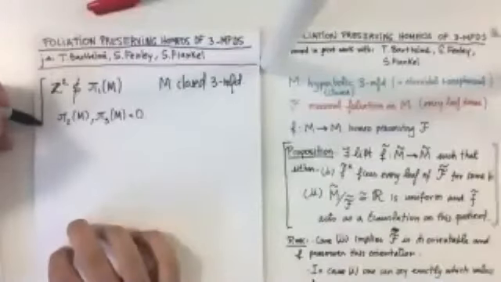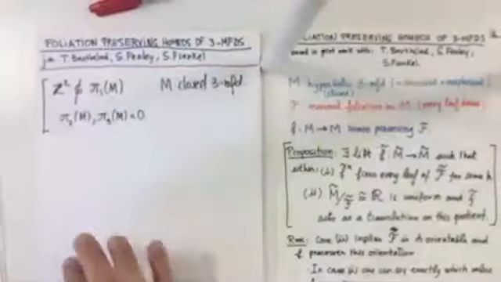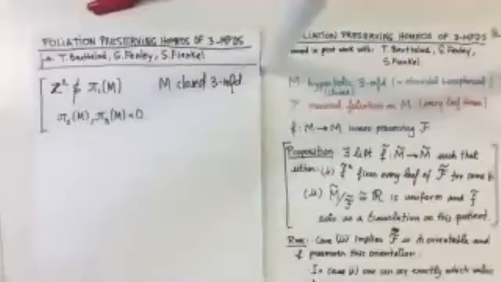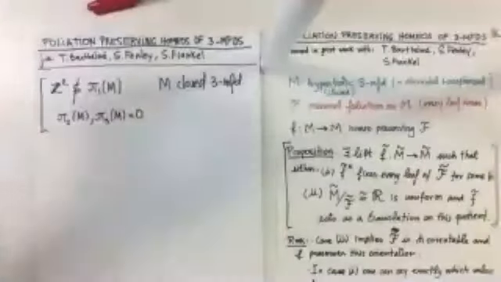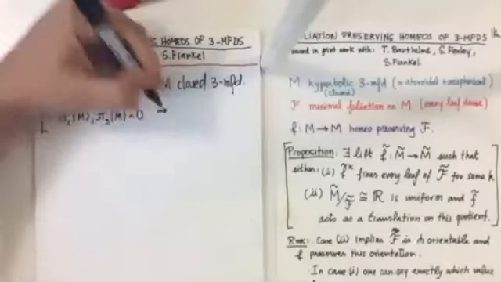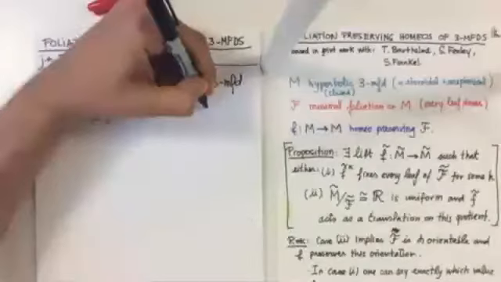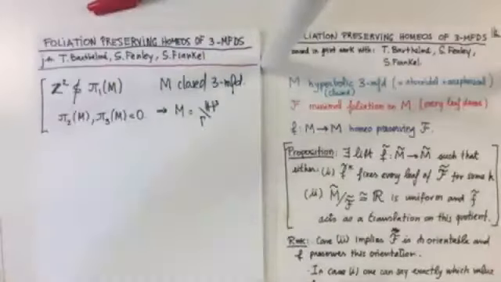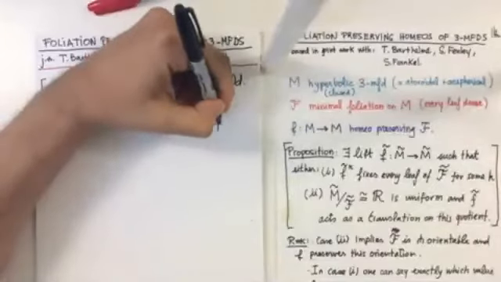The results I will talk about are topological. What we really care about is these two properties, which, by Perelman's work, imply that M is H³ over a subgroup of isometries.